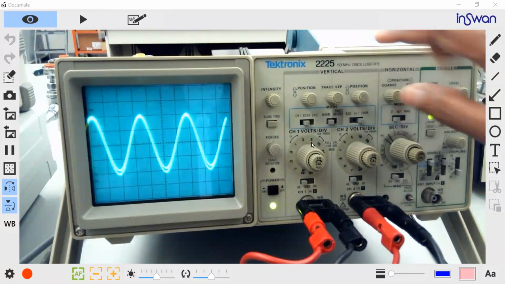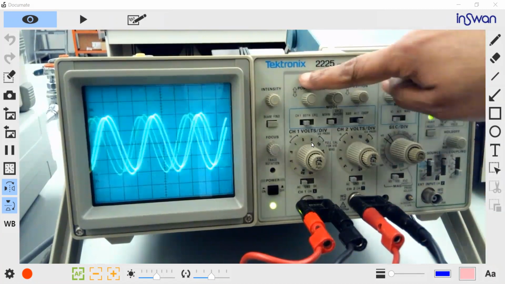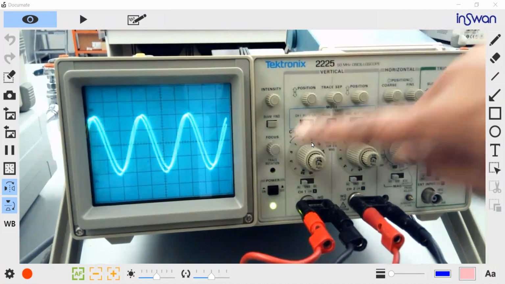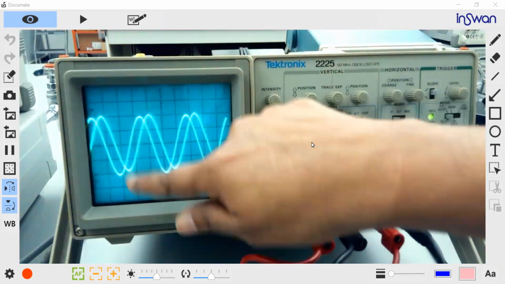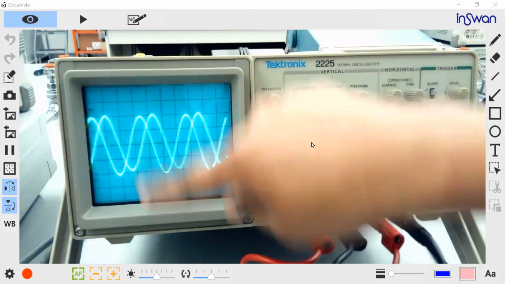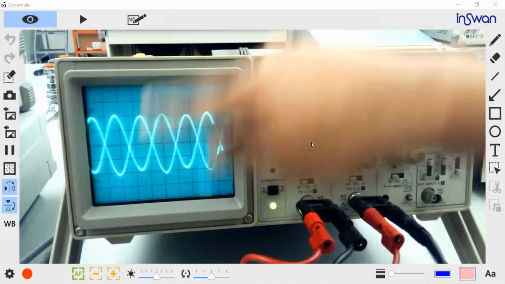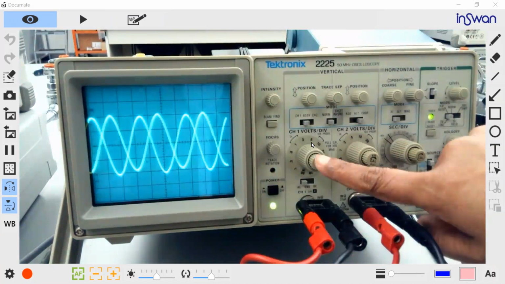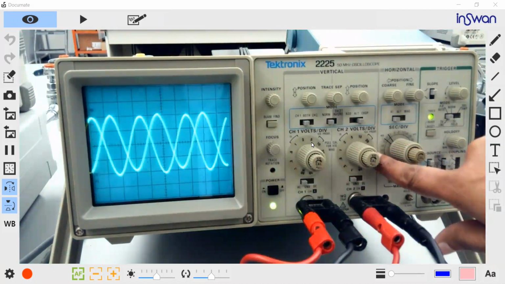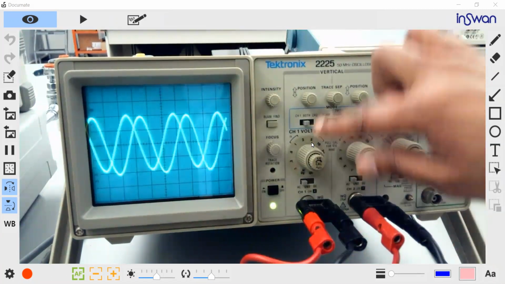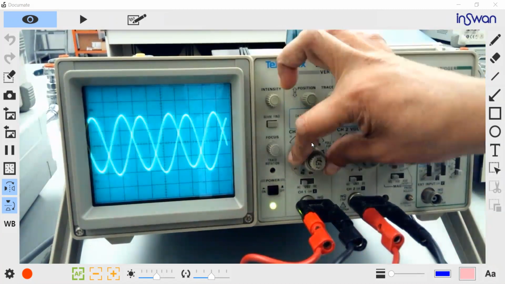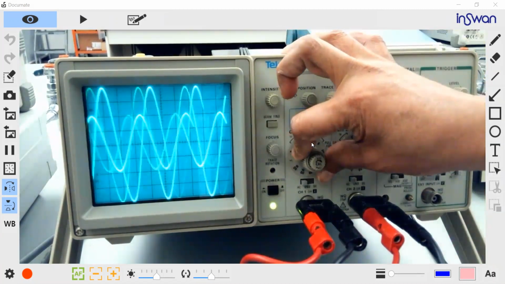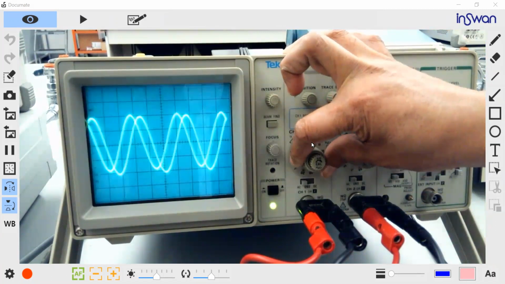Here I have the vertical axis, it says vertical here. That is basically related to my voltage axis, the vertical axis on your screen. This one is for channel 1, this one is for channel 2. You can change it when you need to read it easily, to make the signal visible on the screen.